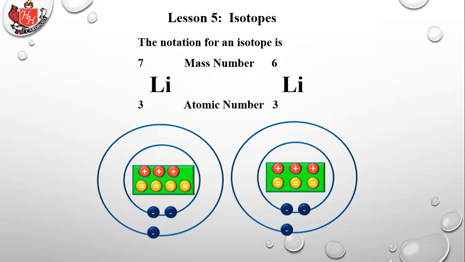That's the mass number, and that's 7 in the case of the one on the left. For the one on the right, the atomic number has to be 3 or it's not lithium, but this one only has 3 neutrons, and therefore 3 protons plus 3 neutrons gives it a mass number of 6. You only use this notation if the isotope nature of the atom is important.